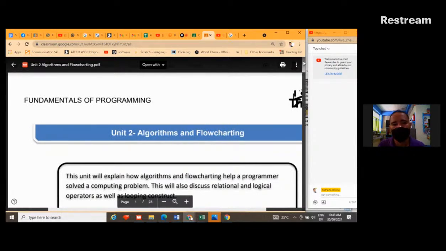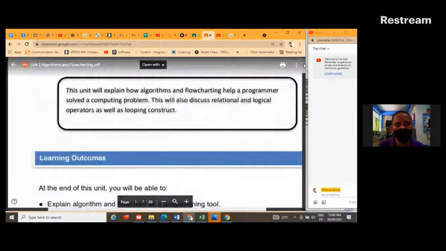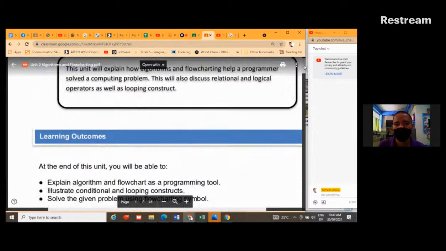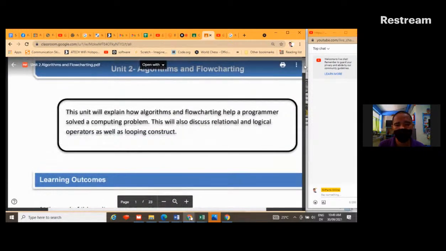Okay, so welcome to Unit 2 algorithms and flowcharting. You have to thank Mom Lynn Goldman for this module. In this unit, you will explain how algorithms and flowcharting help a programmer solve a computing problem.